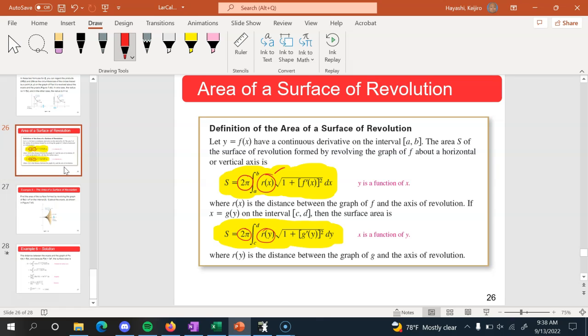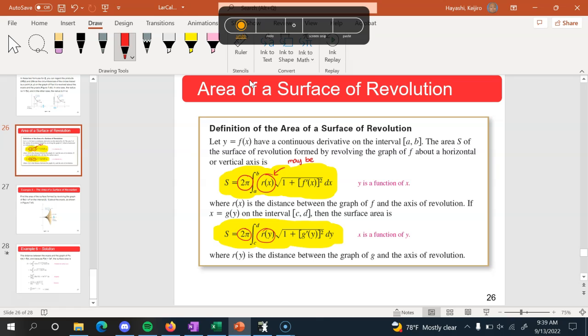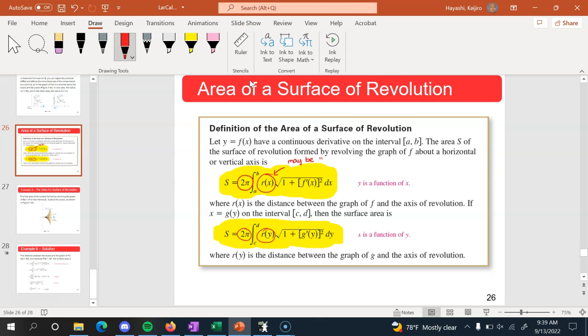Now, based on how you're rotating it, this radius function may simply be x.